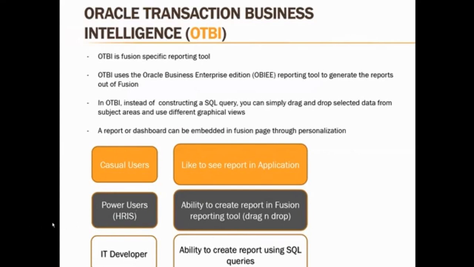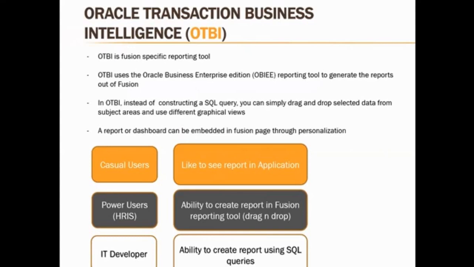Typically, to do their day-to-day job, they should have the ability to create a report in the Fusion reporting tool. These power users are the most important business users, who need to run the reports, and you should be able to create the reports to do the day-to-day job.